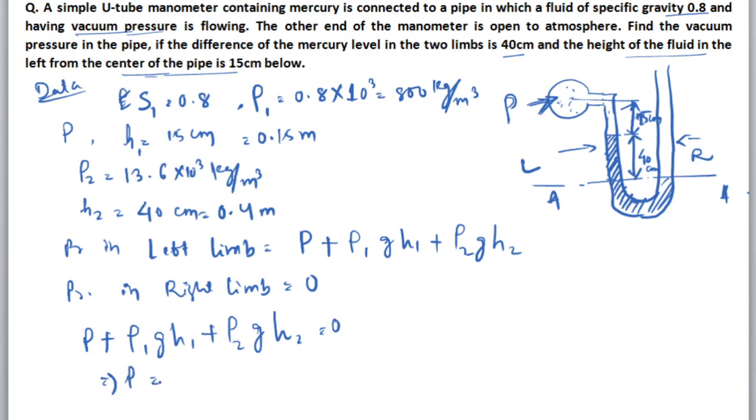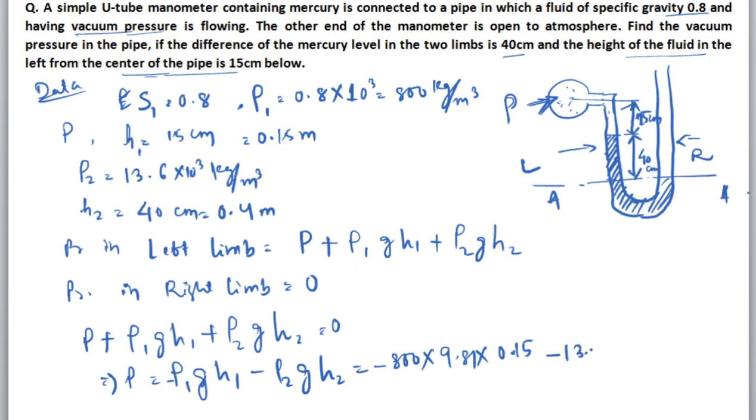So P is minus rho 1 g H1 minus rho 2 g H2. So minus rho 1, which is 800, times g, 9.81, times H1, 0.15, minus 13.6 times 10 to the power 3, that is rho 2, times g, 9.81, times 0.4.